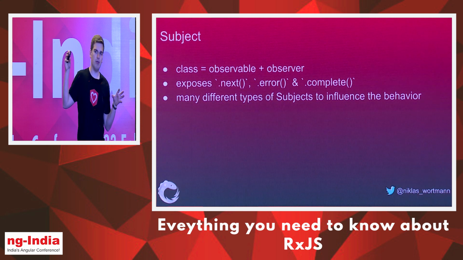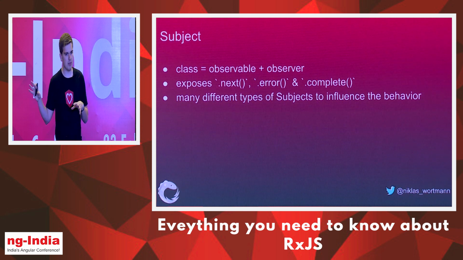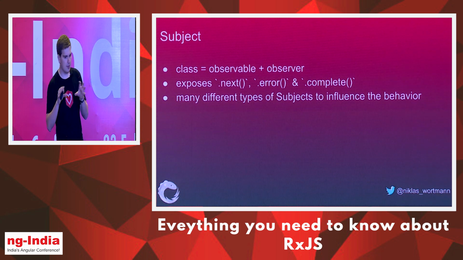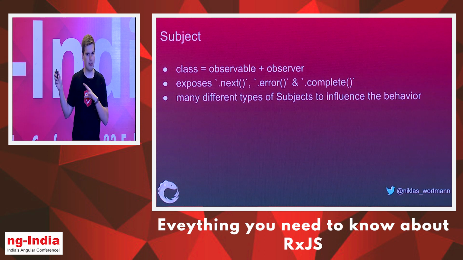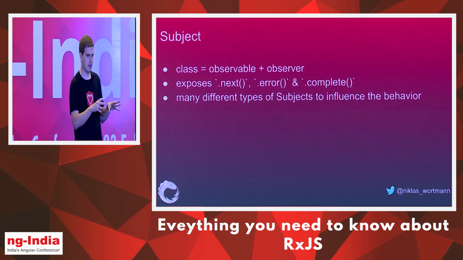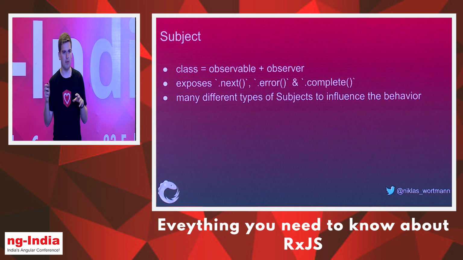Additionally, there are, I think, like 4 or 5 types of different kind of subjects. You can use those. All have a slightly different behavior, but for now, it's just totally enough to know there are subjects, and they are super cool, especially for lightweight state management, like Jesse already proposed.